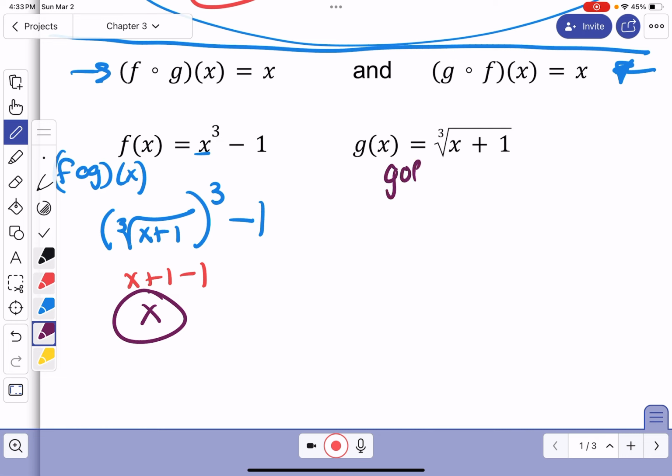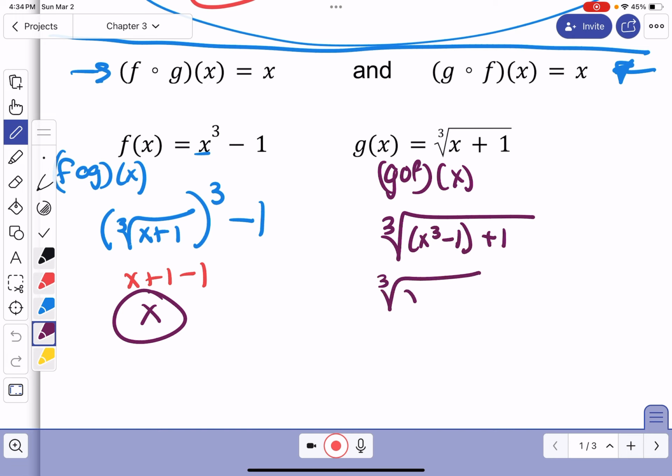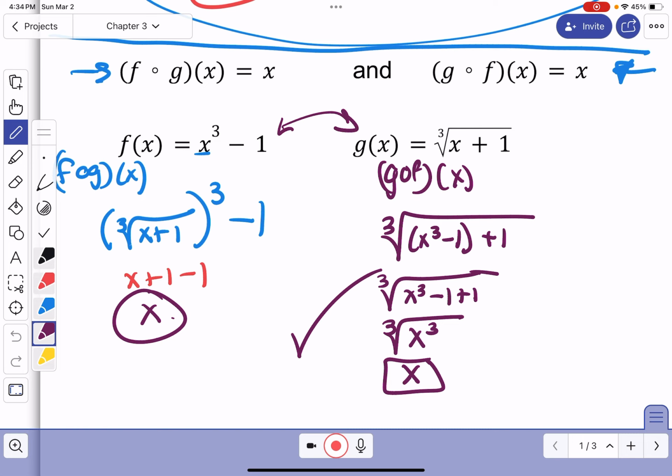And then if we do it the other way, we take the g function, but instead of x, put x cubed minus 1. When you're adding and subtracting, you don't need the parentheses. Negative 1 plus 1 is 0, and the cubed root of x cubed is x. So since those both get to x, these are inverse functions.